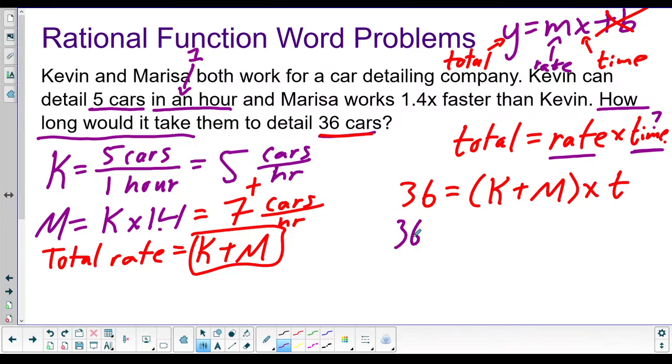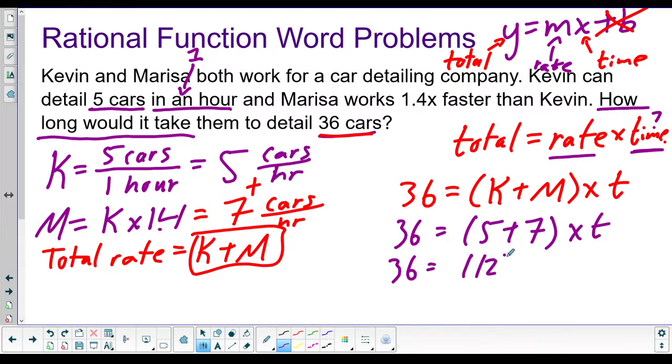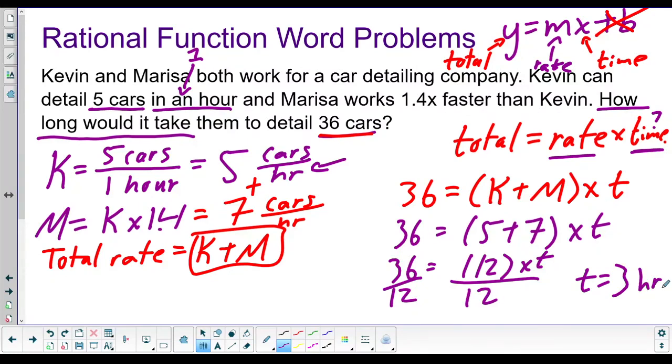We have 36 equals 5 plus 7 times T. 5 plus 7 is 12. So this is 12 times T. Divide both sides by 12. So T equals 3. And then this is a unit of time. So what are our units for time? Minutes? Oh, we're doing it in hours. So this is going to take them 3 hours to do 36 cars.